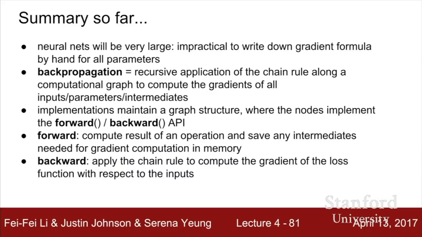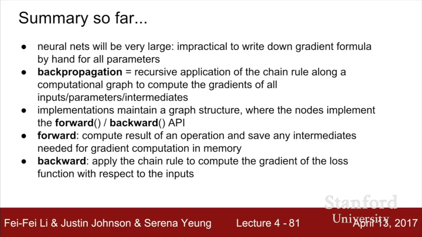Okay, so summary of what we've talked about so far. When we get down to working with neural networks, these are going to be really large and complex, so it's going to be impractical to write down the gradient formula by hand for all your parameters. So in order to get these gradients, what we should use is backpropagation.